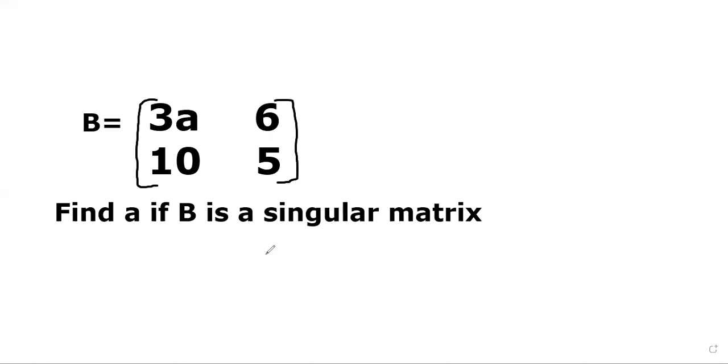All right, so by now you guys should have finished. And remember, to solve this, it's not very hard. Just remember that the determinant is equal to A times D minus BC, right?